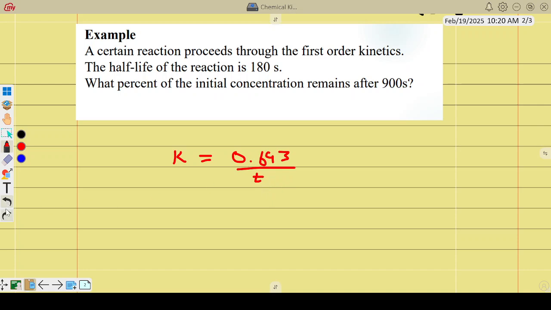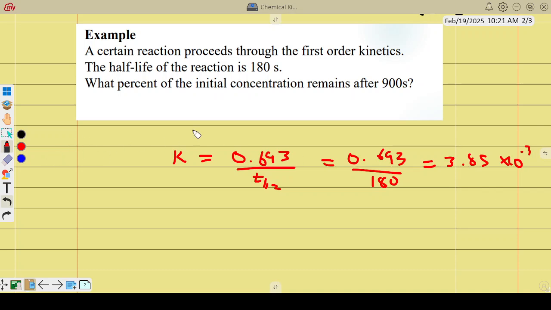So we have ln 2 over the half-life, which is 180 seconds. 0.693 divided by 180, we get about 3.85 times 10 to the power negative 3.